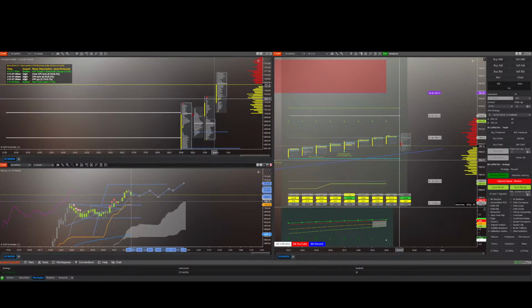Doesn't mean that's going to happen, but that's the best of my experience and knowledge, until order flow shows me something different. So for that reason, I'm going to go ahead and cut it short.